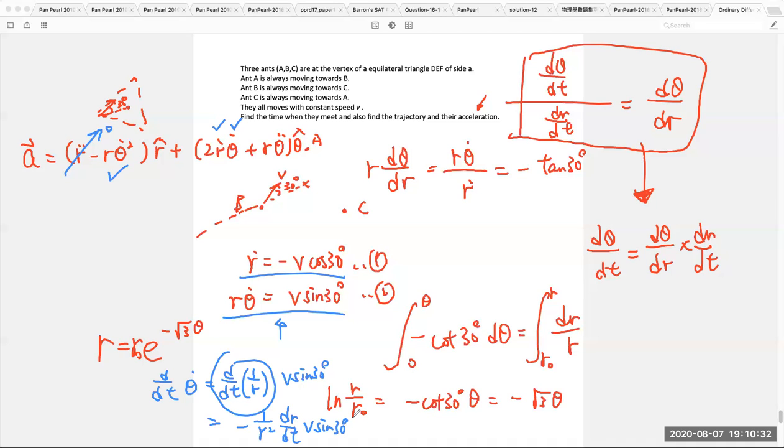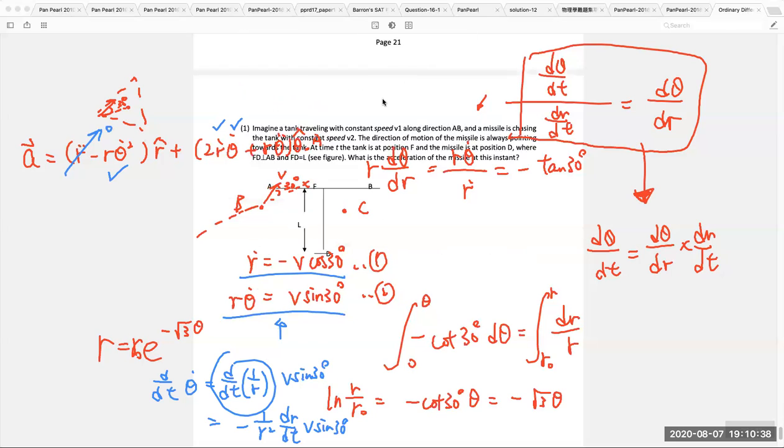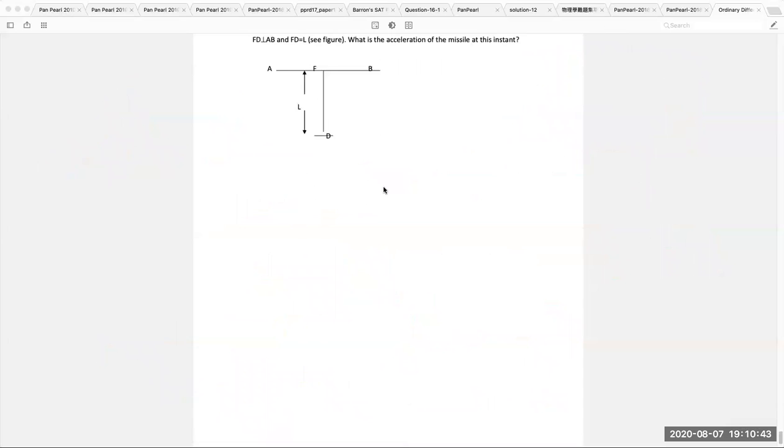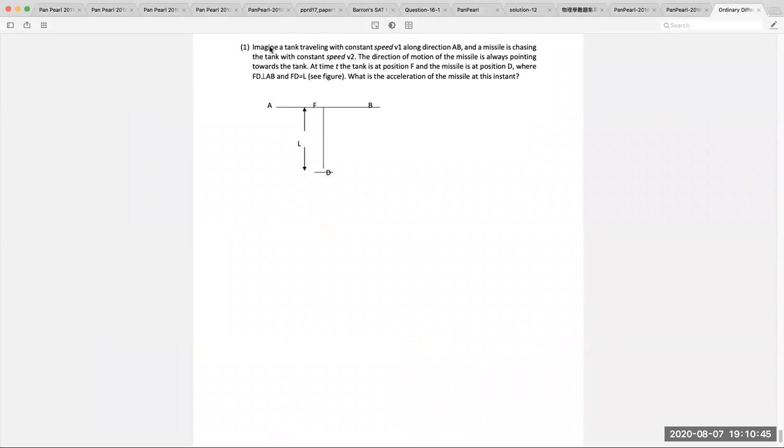Okay, then let's save the screen now. So this question is from the problem set in the training. Okay, I'll give you the solution to have a look after the lesson.